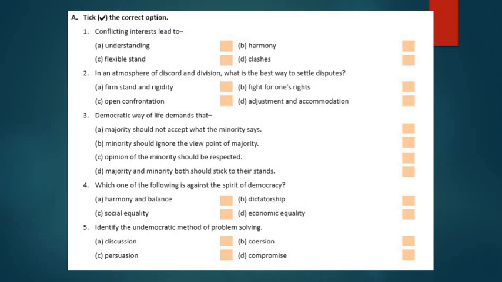As we discussed yesterday, we are going to do chapter 22, that is Democracy and Government, of your Civics. We'll do the exercise today and start with section A, section B, and then section C, then question answers.